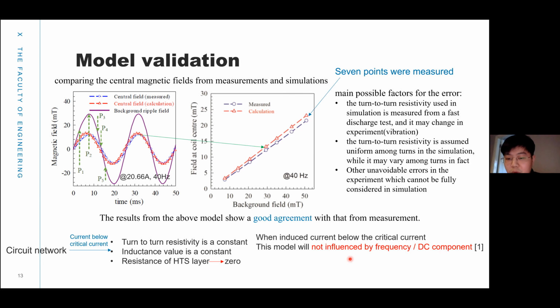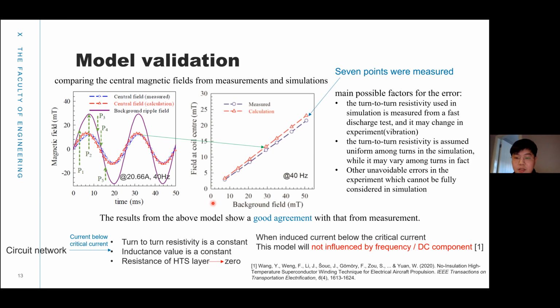And also this model will not be influenced by the frequency, so we have validated this model by some experiments from 10 Hz to 100 Hz, and this result demonstrates the 40 Hz case, and we can go to higher frequency in the model study.